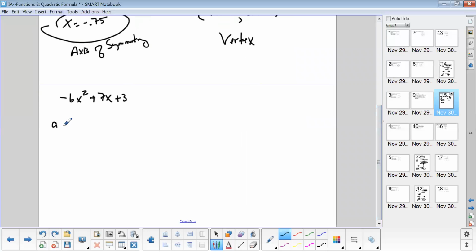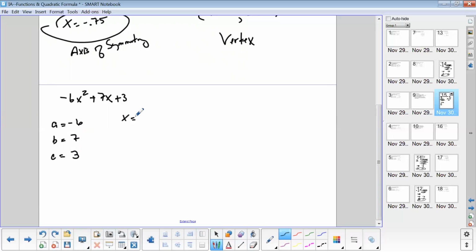So A is equal to, I wrote that incorrectly, A is negative 6, B is 7, and C is 3.